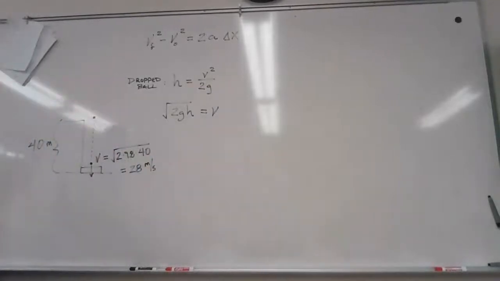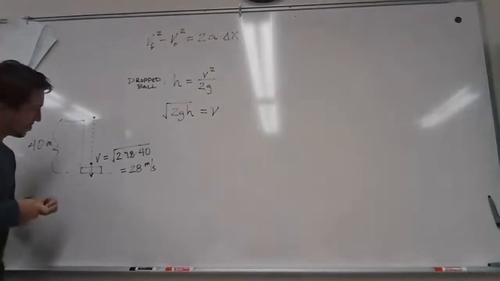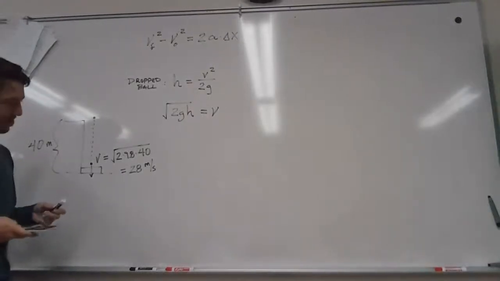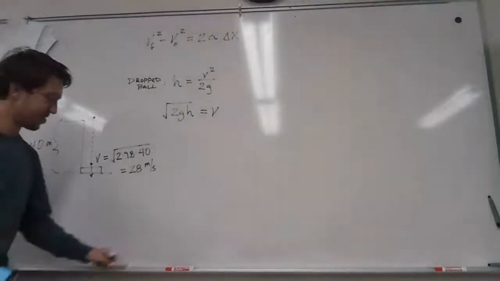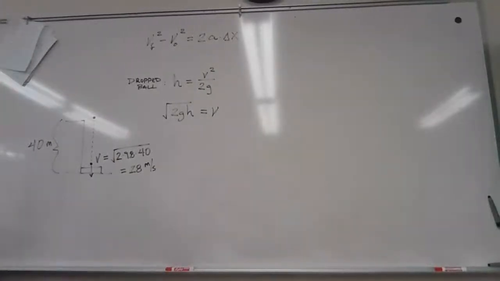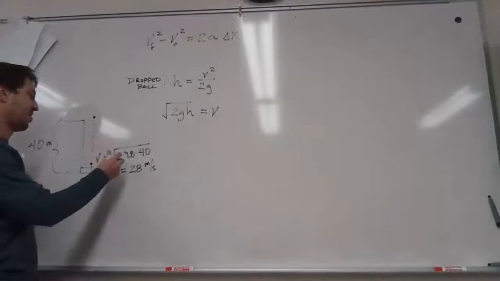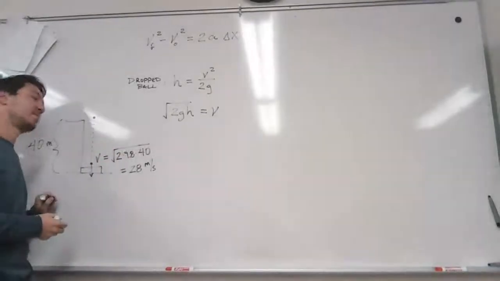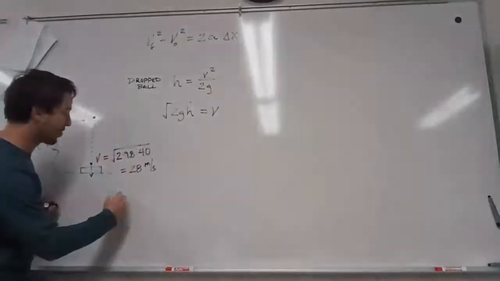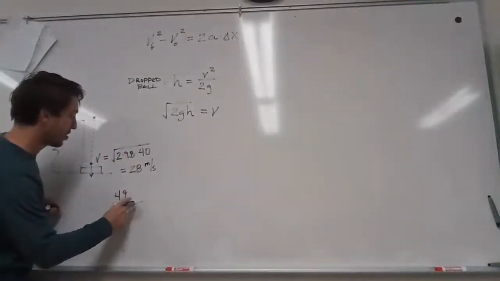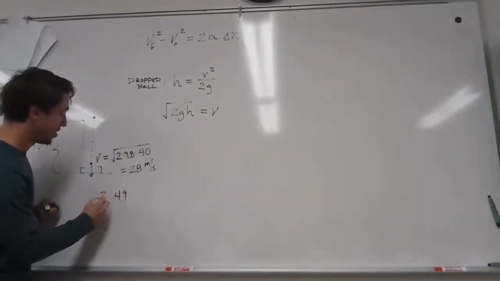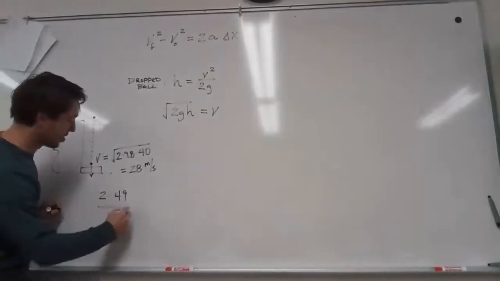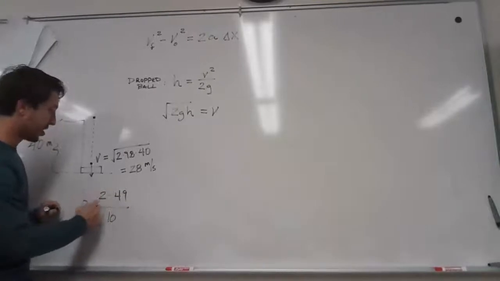Why is that? Well, because 98 is double 49. So 9.8 is 49 times 2, divided by 10. There's a 2 in there and a 40.